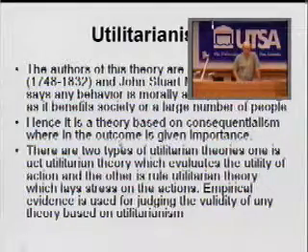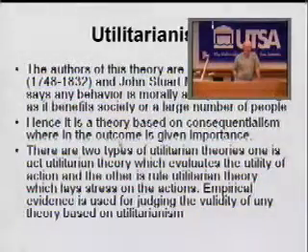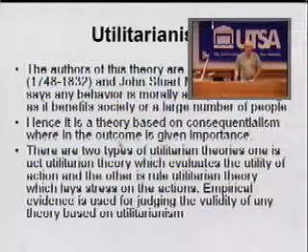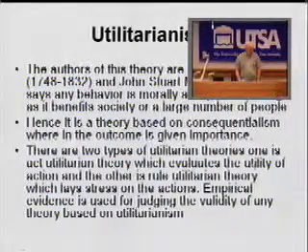If it is ruled out, there's absolutely no possibility that someone or anyone could be harmed in any way, then we have several other principles to invoke in guiding the decision, and the decision obviously is much easier to make. There are two types of utilitarian theories. One is act utilitarian theory, which evaluates the utility of action, and the other is rule utilitarian theory, which lays stress on the actions themselves.